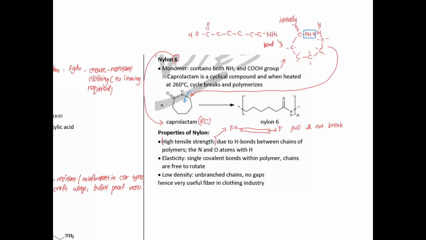Then low density and branch chain, no gaps, hence very useful fiber in the clothing industry. We already discussed this. We can use it to form clothes. Okay, for nylon. Now let's move on.